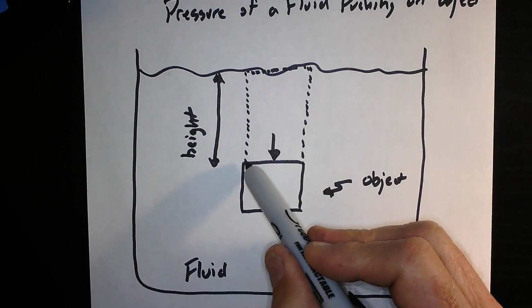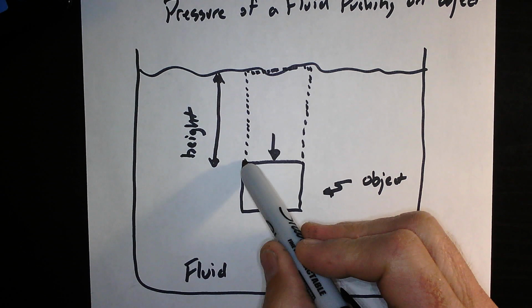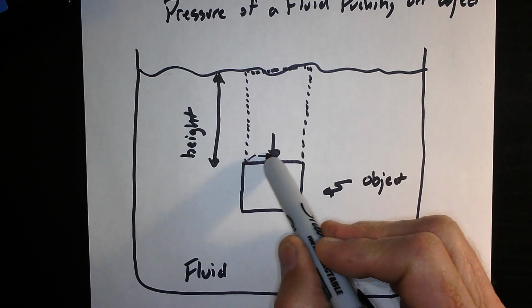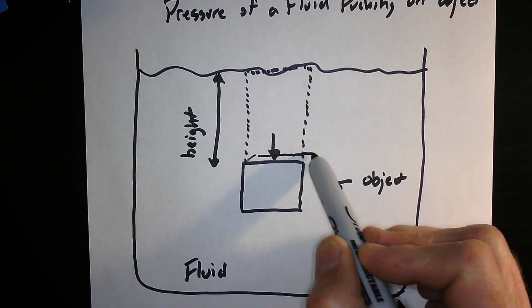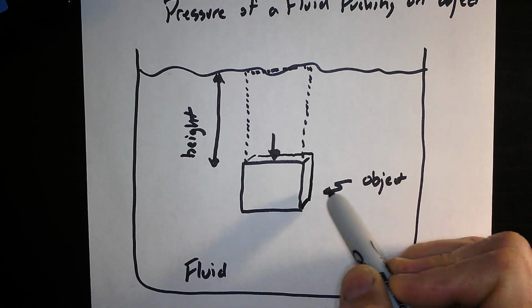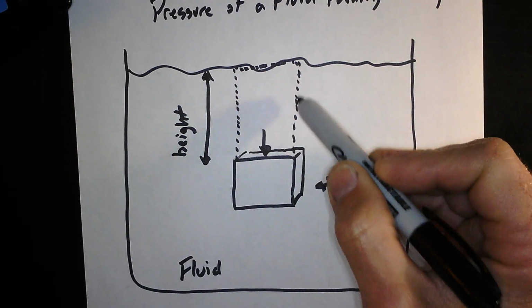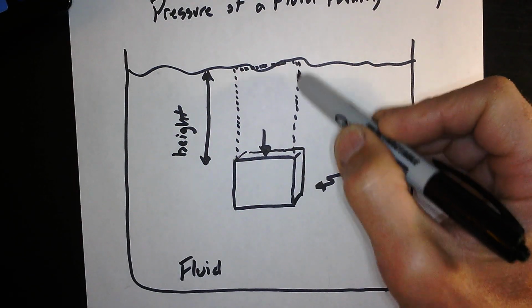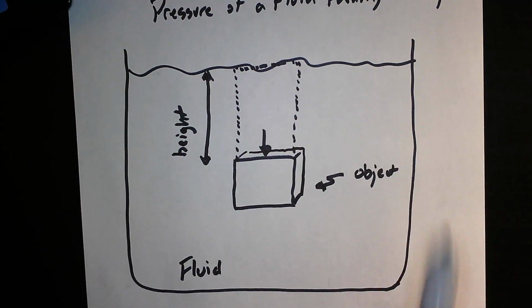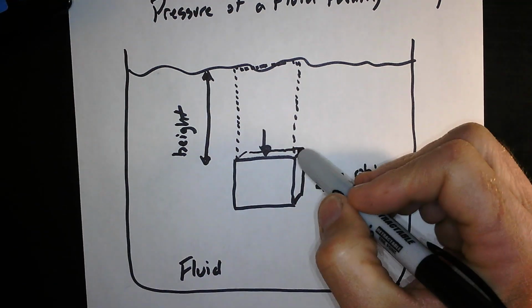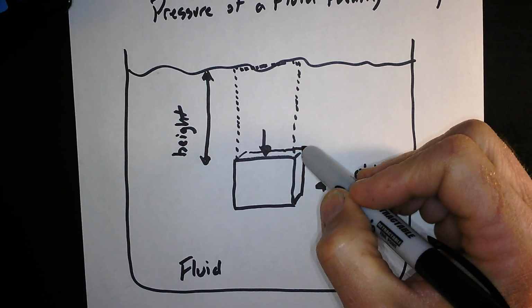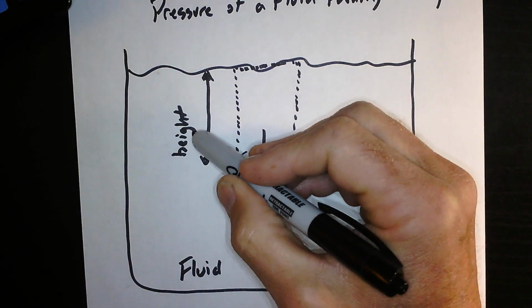Now remember, this is a 3-dimensional box, so really this, I'm going to draw it here. This is really 3 dimensions. So we have the height of this column, or this rectangle of water pushing on the object, and then we would have a 3-dimensional, so we'd have a height that I've got here.